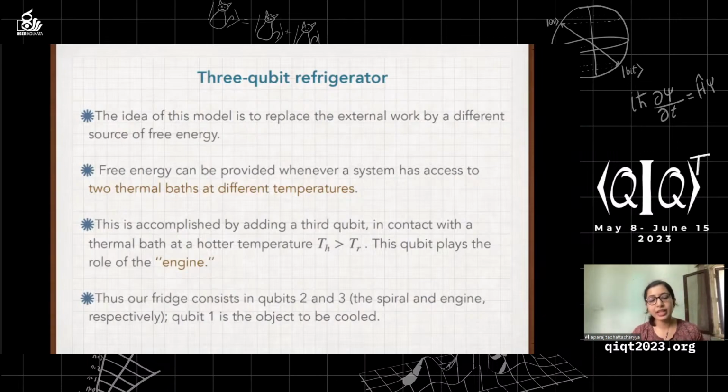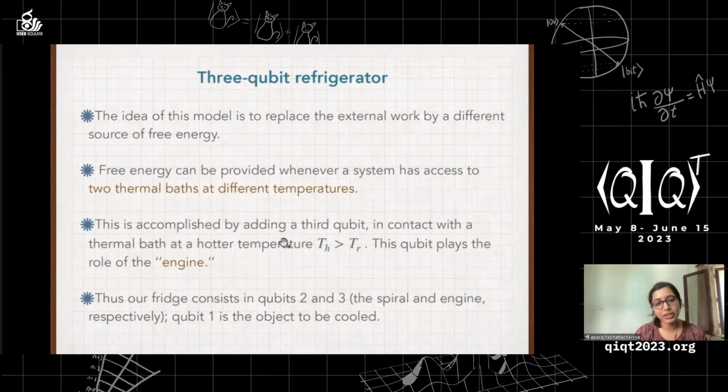This free energy can be provided whenever a system has access to 2 thermal baths at different temperatures. Previously we had only 2 qubits, and both of those qubits were at the same temperature. But now we have another extra qubit, a third qubit, and we say that the temperature of the third qubit is larger than the temperature of the other 2 qubits. This temperature difference effectively acts as a source of free energy.